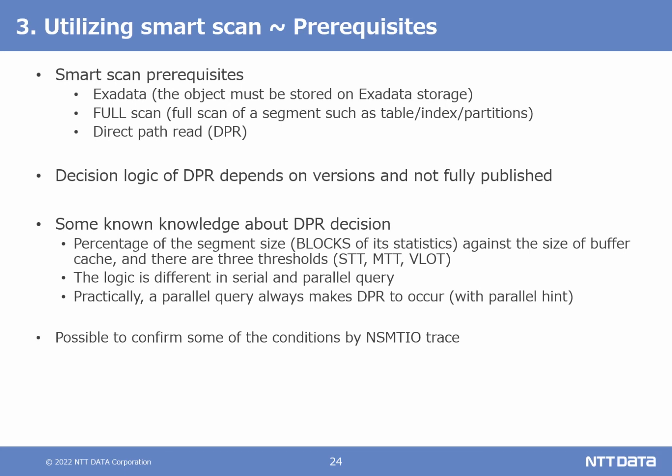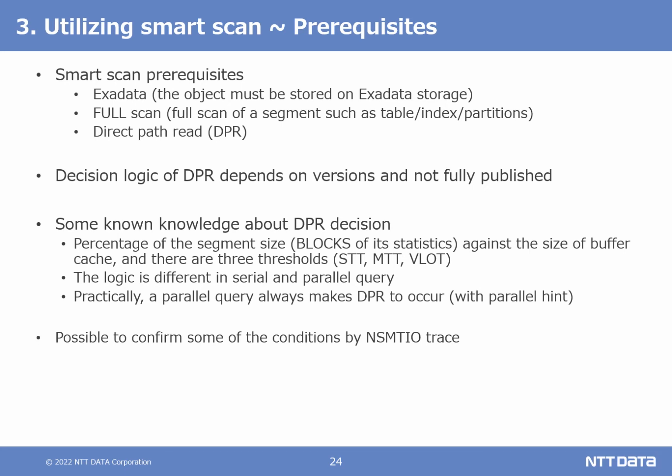There are three thresholds, STT, MTT, VLOT, and if the percentage exceeds the STT threshold, DPR starts to happen. The logic is different in serial and parallel query in terms of the threshold, and it's good to know that practically a parallel query always makes the DPR happen.